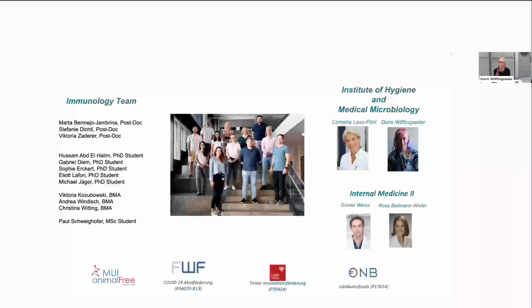We want to publish this pretty soon, so we now did several more characterizations in terms of the differentiation of those cells, because we did not only check the markers which I've shown here, but checked for several more markers. We also checked another culture, because we also used, for example, an animal-free scaffold.